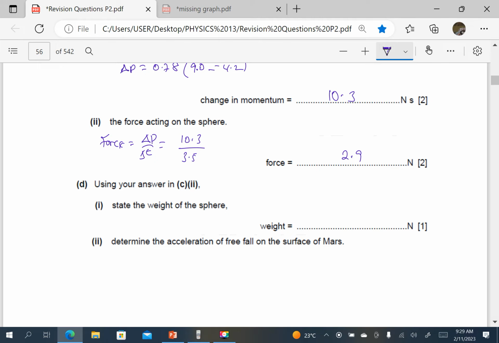Since air resistance was negligible, the resultant force is only the force due to gravity.